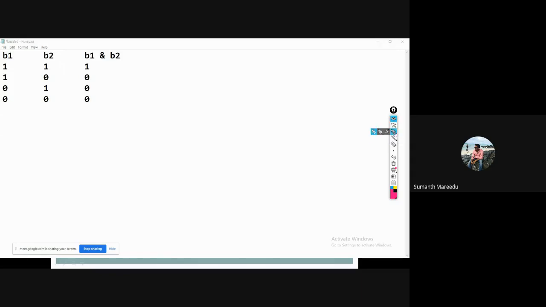I'll take just two numbers and apply all the operators on those two numbers only. I'll say A and B. We'll take the value of A as 5 and B as 7. So what is the binary representation of A and of B? What is the representation of 5 in binary format?